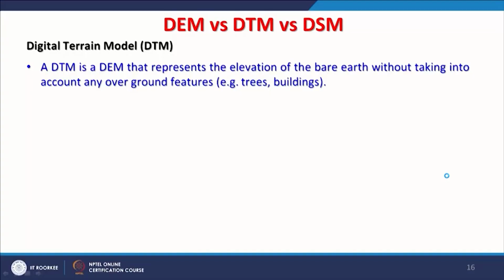And DTM is a DEM basically, which we have already discussed, but it is also a DEM that represents the elevation of the bare earth without taking into account any overground features.